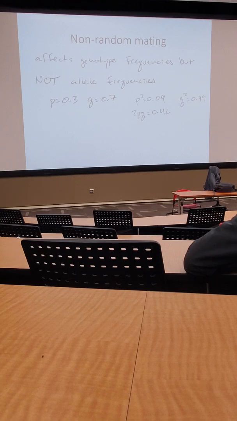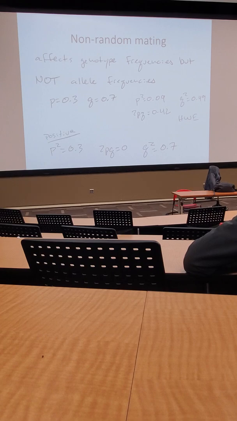So this would be Hardy-Weinberg equilibrium randomly. Now let's assume there's a case of positive assortative mating. Let's assume that big A only mates with big A, and little a only mates with little a. Our frequencies would look like this now. So this was Hardy-Weinberg. This is positive.